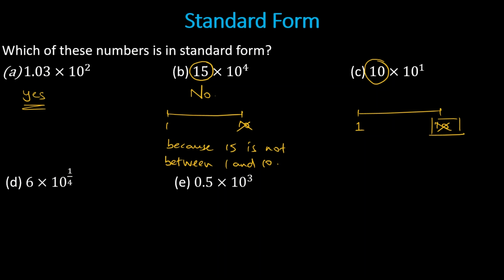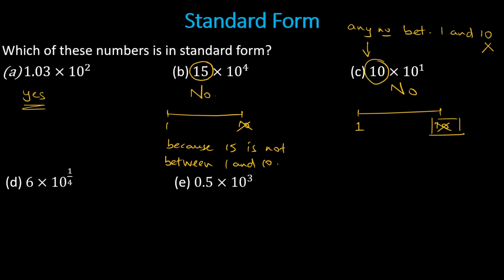The number can be any number between 1 and 10, but it must not be 10. Here we have the number which is exactly 10, so this is not in standard form. Right?